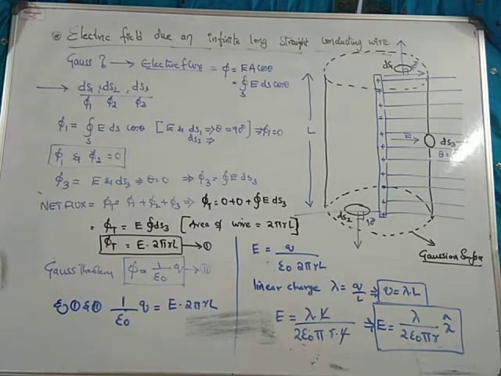Linear density means lambda is equal to Q by L. So Q is equal to lambda L. Substituting the value of Q in the above expression, L will be cancelled. Finally we get the electric field due to an infinite long wire as lambda by 2π epsilon naught r along the x direction.